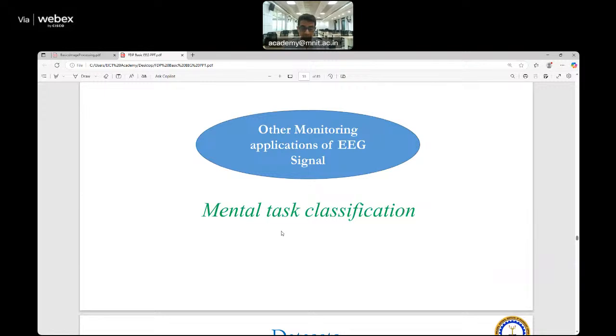We have done another work, that is basically the mental task classification. See how we are doing it. Again, we are doing it using our EEG algorithm.